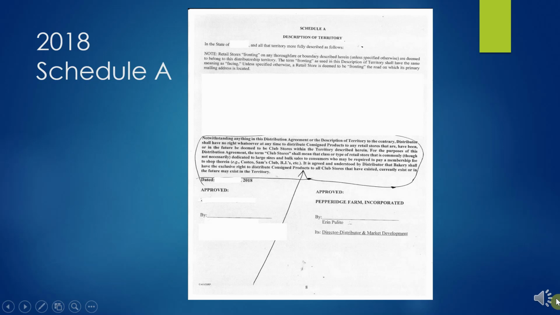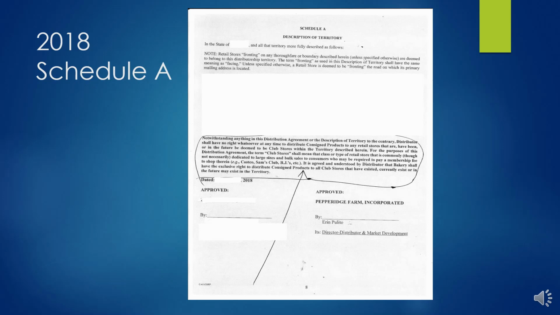For the purpose of this distribution agreement, the term club store shall mean that class or type of retail store that is commonly, though not necessarily, dedicated to large size and bulk sales to consumers who may be required to pay a membership fee to shop therein. For example, Costco, Sam's Club, BJ's.